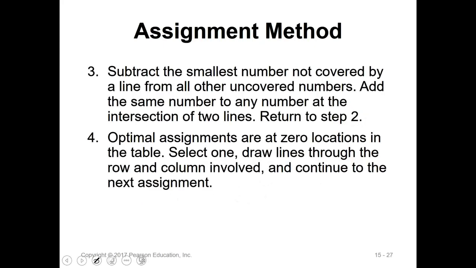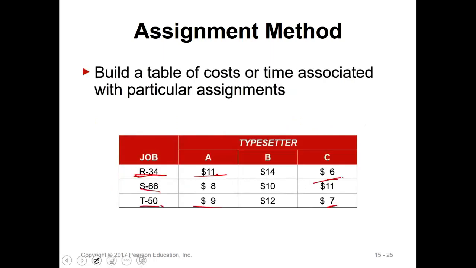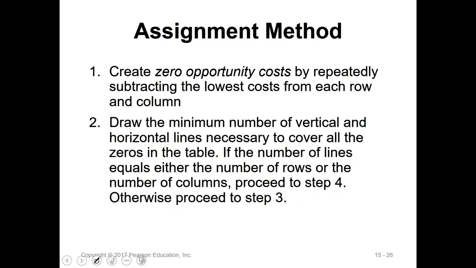So here it is, the assignment method. I think you don't want to read this so much, because when you read, you still don't know what that is. So let's read the first one. Our goal is to assign the 3 jobs to A, B, and C. Create 0 opportunity cost by repeatedly subtracting the lowest cost from each row or column.